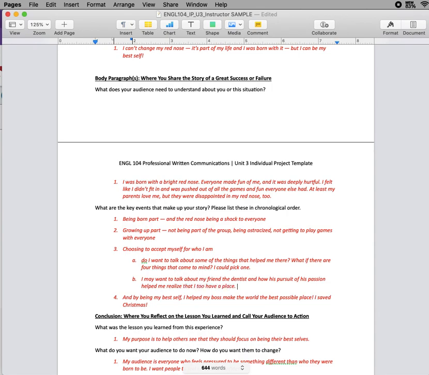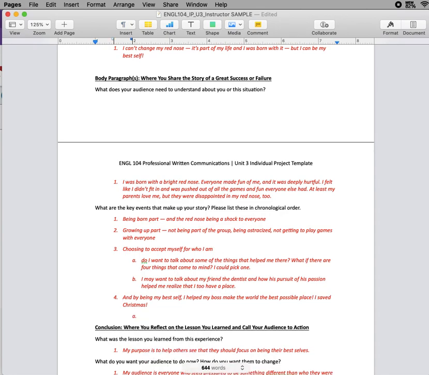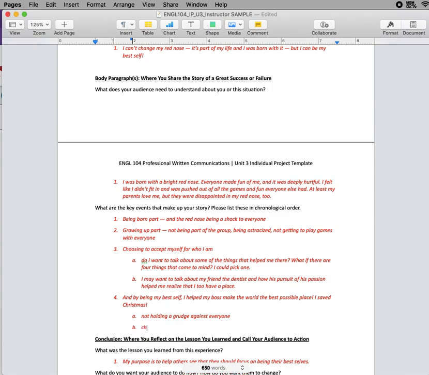And I can pick. Again, I get to decide where that's going to go. And by being my best self, think about some other parts of that, like not holding a grudge against everyone who was ridiculing me. Choosing to think of the bigger picture.